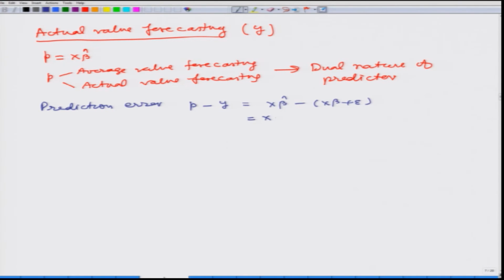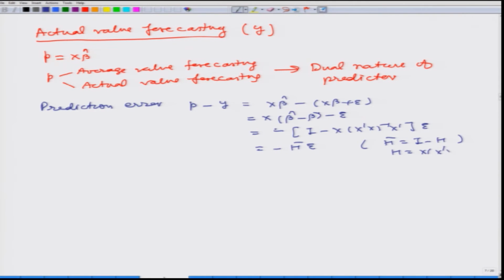So, this can be written as beta hat minus beta minus epsilon, and this is minus I minus x transpose x whole inverse x transpose epsilon, which is minus h bar epsilon, where h bar is nothing but I minus h, and h is x times x transpose x whole inverse x transpose, the hat matrix.